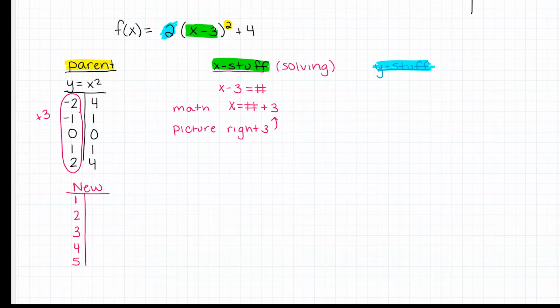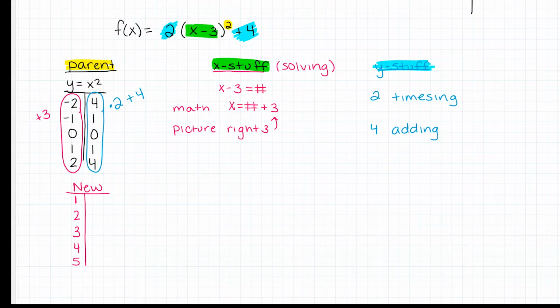Now the y stuff is everything that's happening outside of your parent function. So there's this 2 happening and there's this 4 happening. So those are going to be our 2 y things, a 2 and a 4. Now that 2, if you read the function, 2 times this stuff, so 2 is timesing. And then plus 4, that was adding. So that's the exact move that I'm going to do to my y's. I'm going to take all these y's, I'm going to times them by 2, and then add 4.